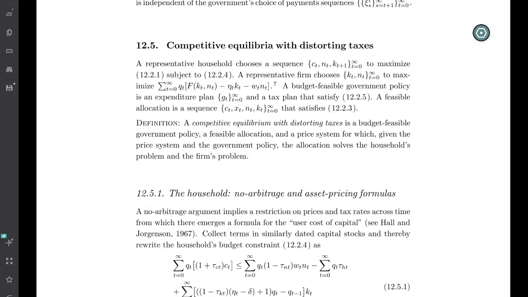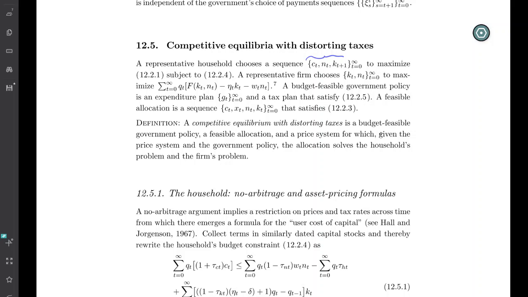So what we're going to do now is define a competitive equilibrium with distorting taxes. You could figure this out because we just have to make a list of things. The representative household is going to choose these sequences to maximize the utility function I told you.